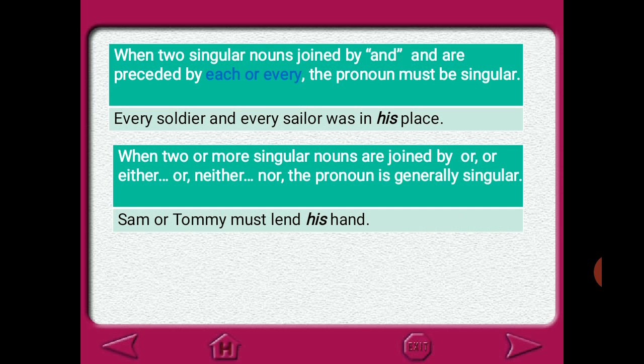And next is that when two or more singular nouns are joined by or, either or, neither nor, the pronoun is generally singular. Sam or Tommy must lend his hand. There or is used, so we have used which personal pronoun? His over here.